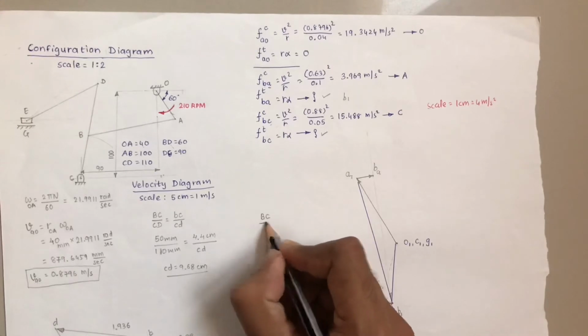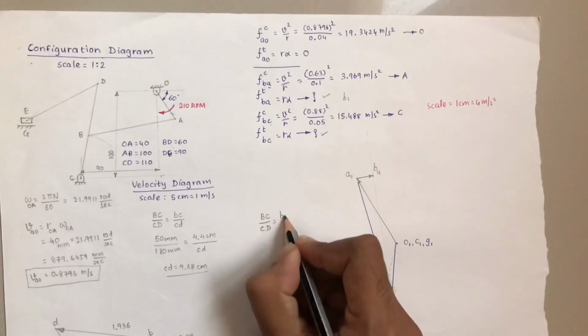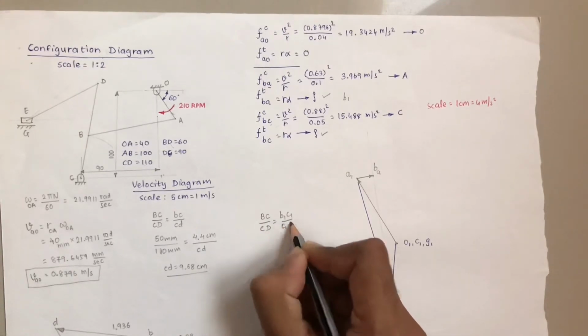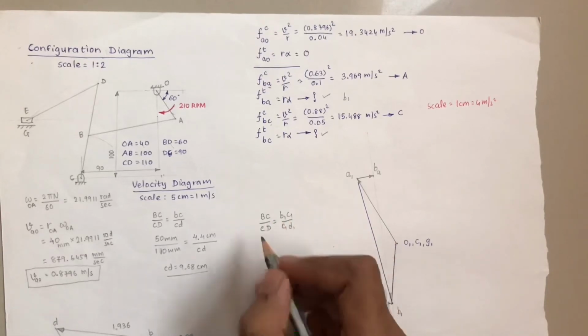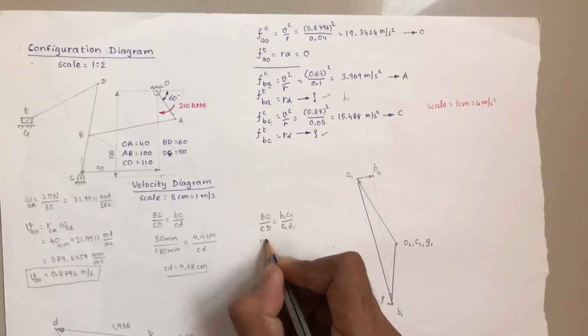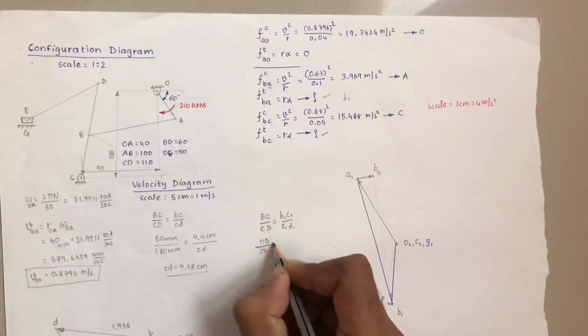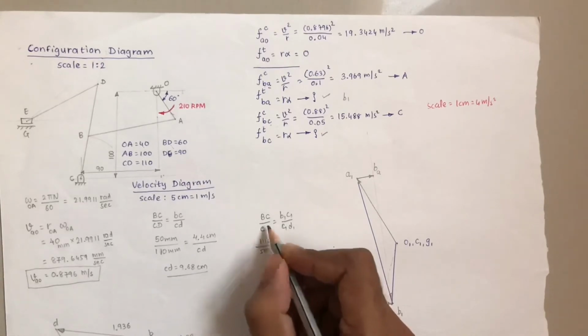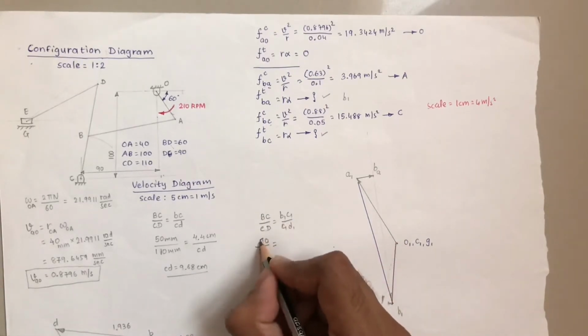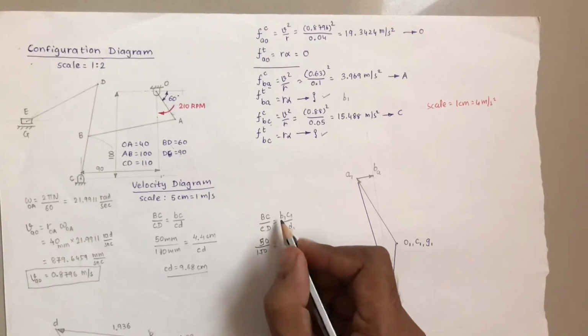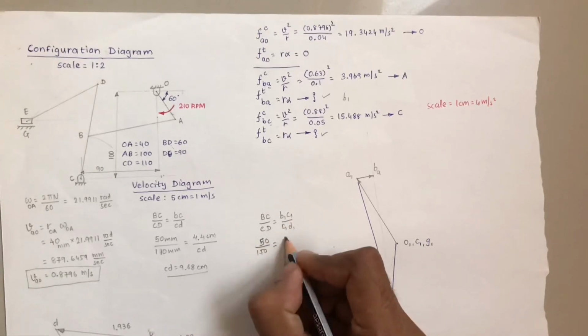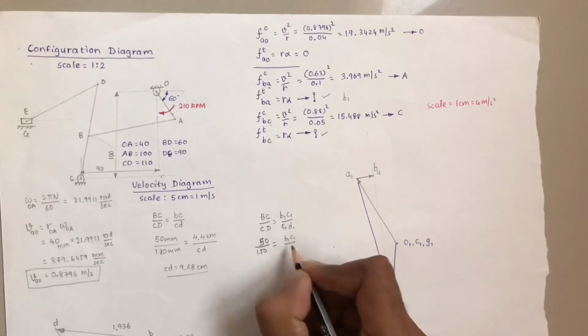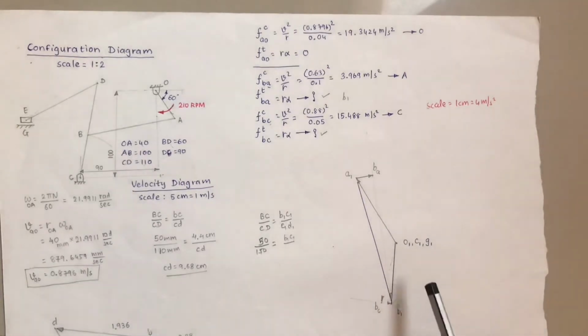So BC upon CD equals B1C1 upon C1D1, proportional ratio. So BC is 50 upon CD 110, and B1C1 we don't have, so let's write B1C1 upon C1D1.